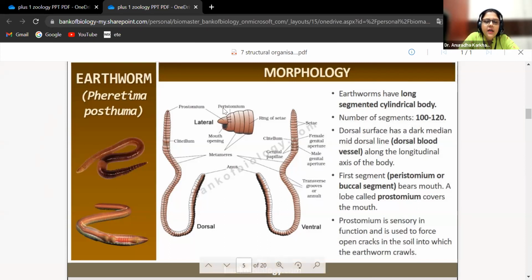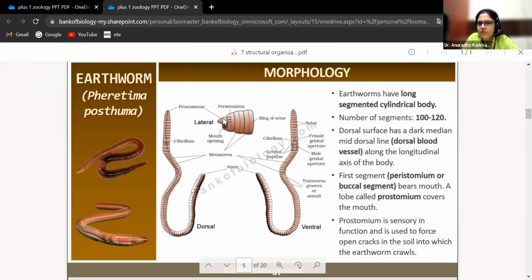You can see it very well in this diagram. This is your peristomium. And this poking part that looks like a nose is your prostomium.